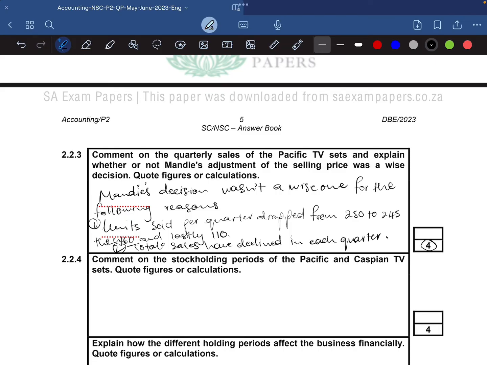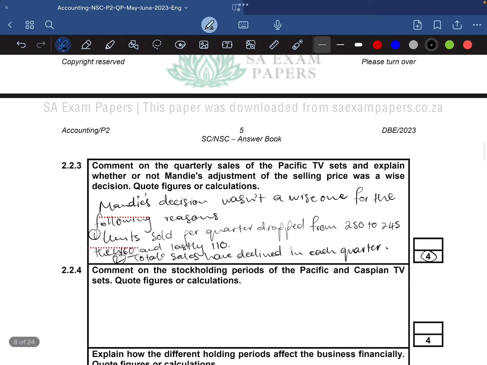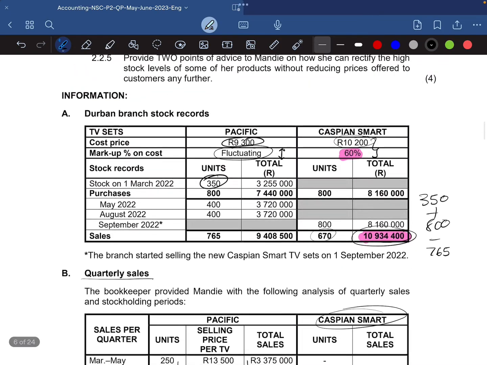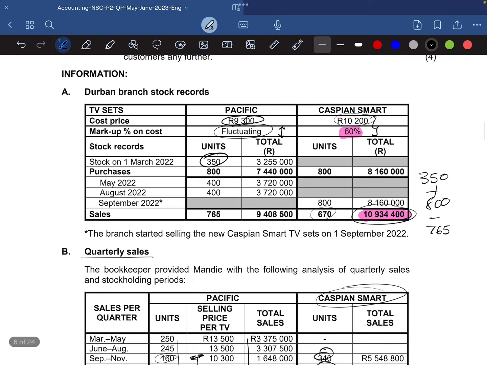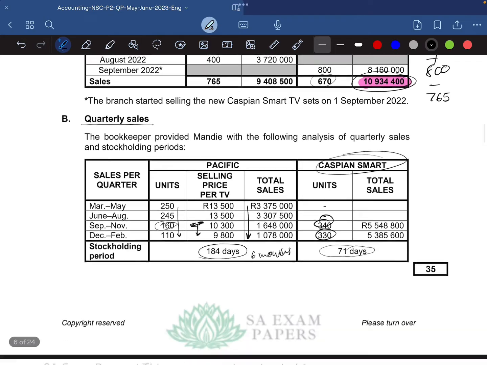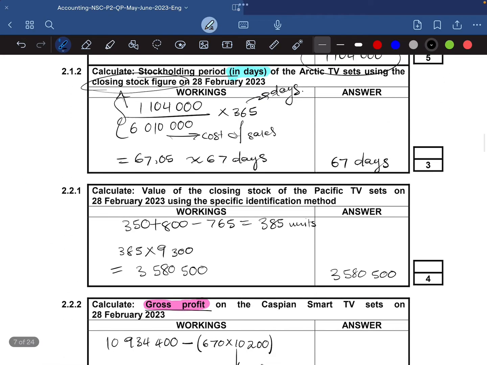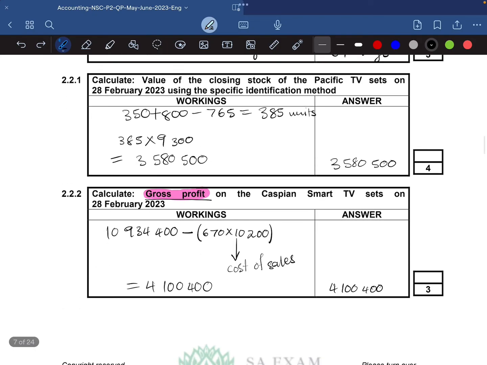Okay, now we could also check on the closing stock. Our closing stock, we did say that we had 385. Here, this is our closing stock, but we opened with 350. That means we're not really selling much.